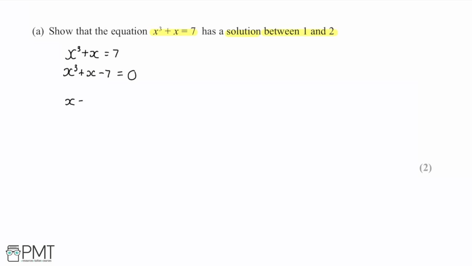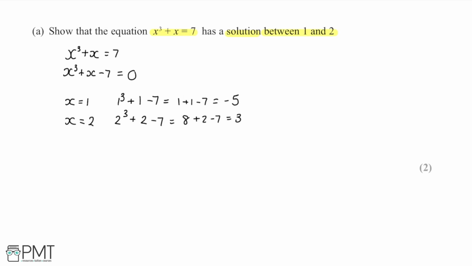So if we take x is equal to 1, substituting that into the left-hand side of this equation, 1 cubed plus 1 minus 7 is equal to 1 plus 1 minus 7, and that's going to give us minus 5. And then similarly with x equals 2, we have 2 cubed plus 2 minus 7. 2 cubed is 8 plus 2 minus 7, and that gives us 3.